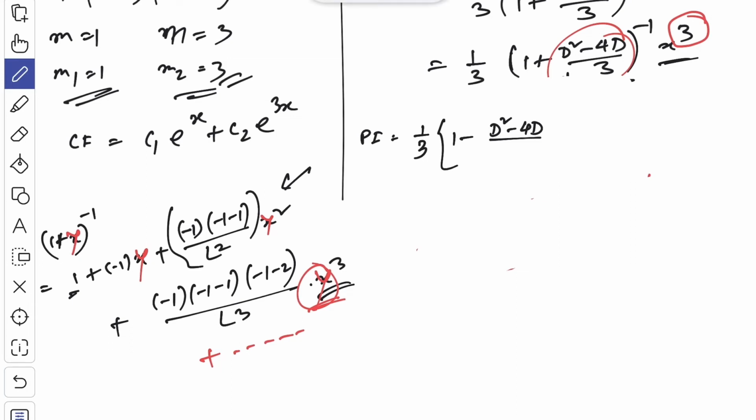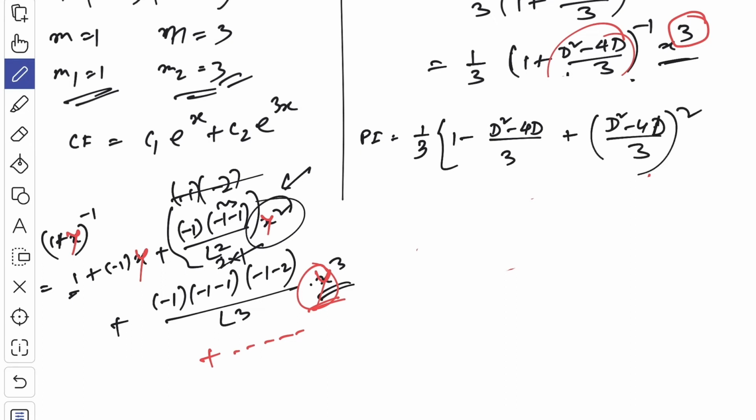Here this is minus 1 and minus 1 minus 2, so it's going to be plus 2 on multiplication, and factorial 2 means 2 into 1, so that is cancelled by this 2. Then you will get y square only, which means plus d square minus 4d by 3 whole square.